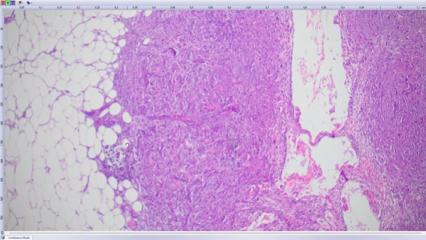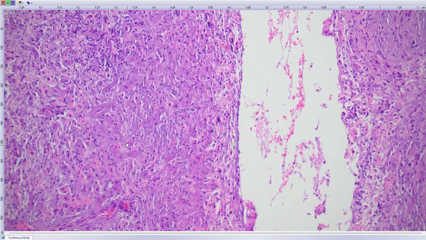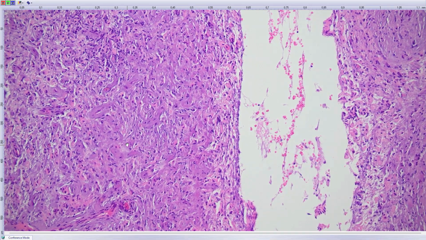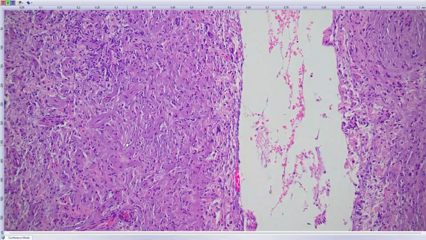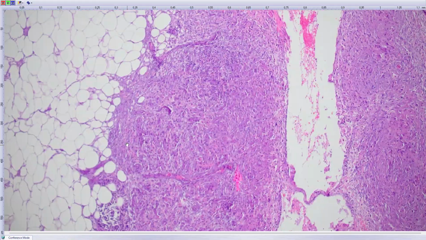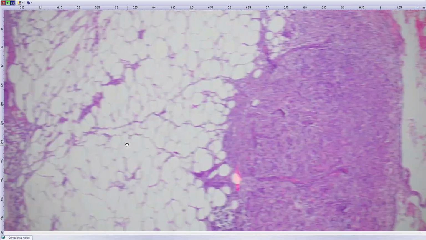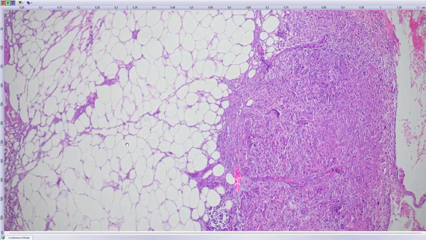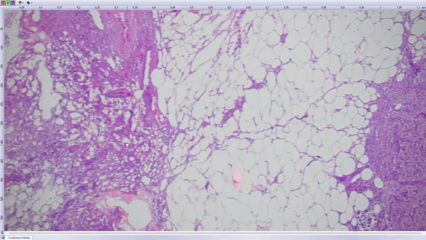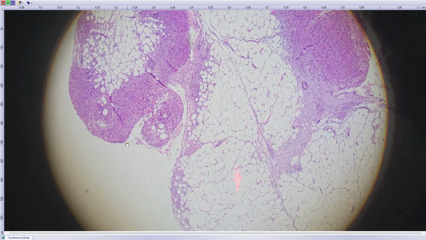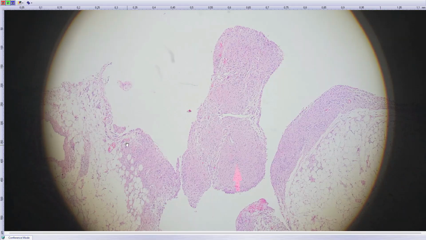Perhaps here you can see the peritoneal surface, lined by mesothelium, and underneath there is some thickened layer of cells, I didn't know what, and here is the fat tissue. And it seems to be present diffusely.